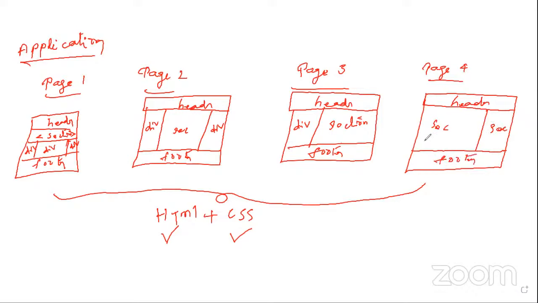Like that. First, we have to use semantic or non-semantic elements to create a web page. Once the layout is designed, then within the layout, we have to go for different kinds of elements to place.